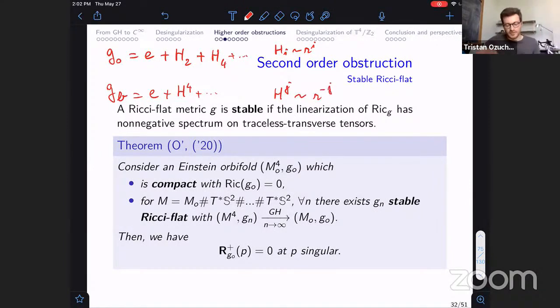And so to see the first obstruction, the one that Biquard found, you just want to extend the h2 term to the orbifold. The two metrics will match for the first term, so the Euclidean are the same. The h2 will appear on two sides, and then they will be different.